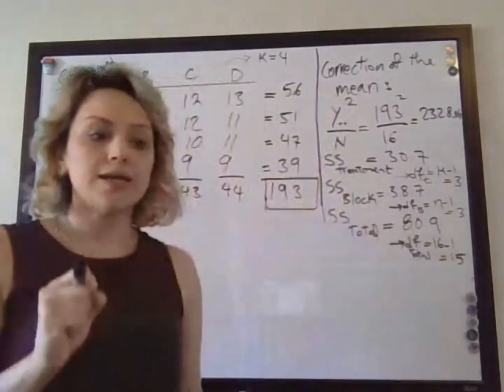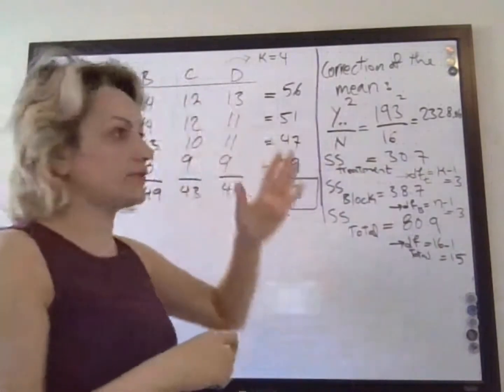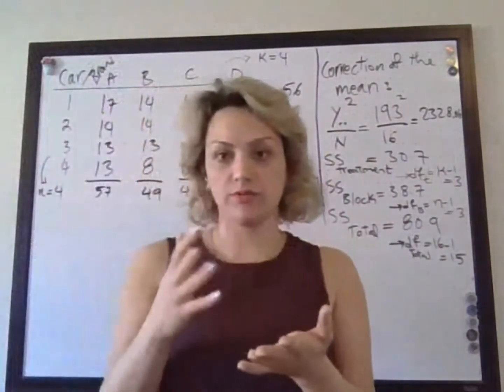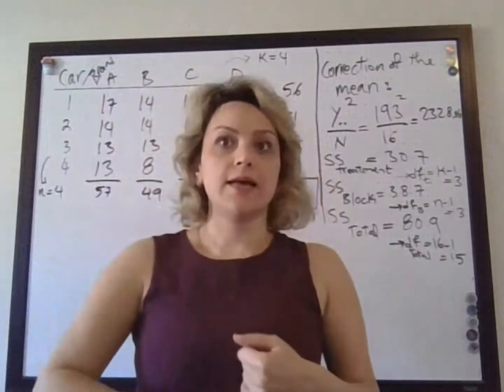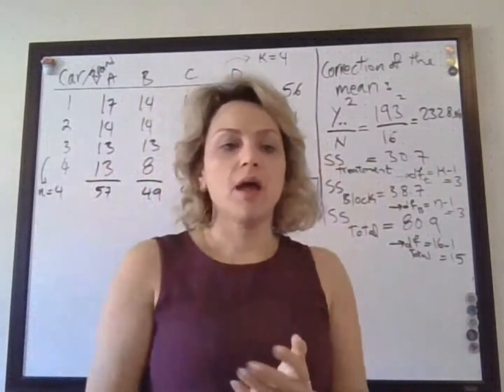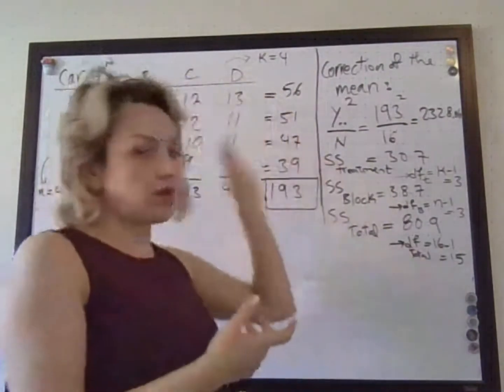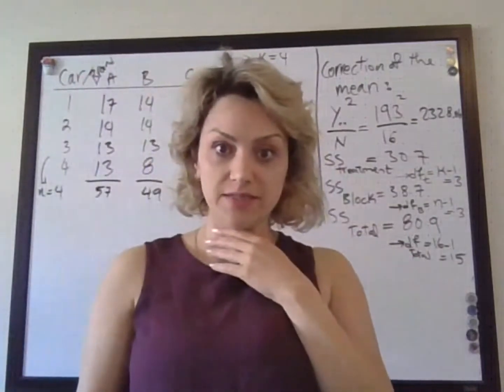Or you can say, how many blocks and how many levels of the factor do I have, so 4 times 4, which is 16, right? Or, the total number of observations minus 1. So we have the degrees of freedom as well.